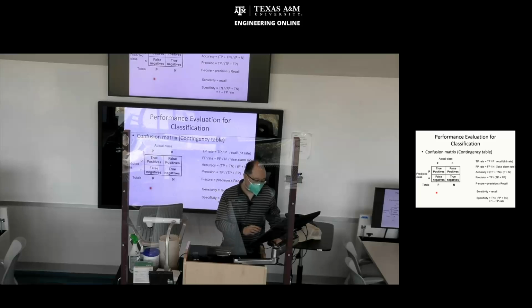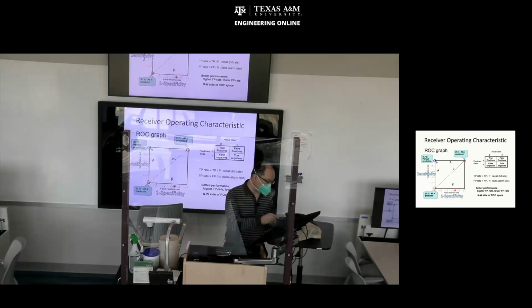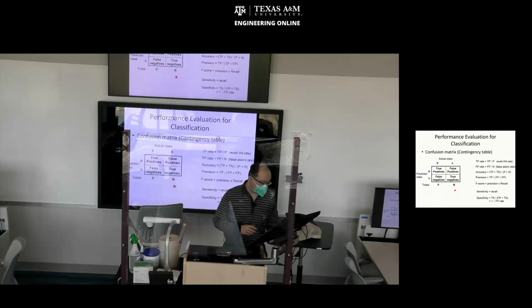Let's look at false positive rate. It is the number of false positives divided by negatives. So that means false positives equal to 0, which means true negatives equal to negatives. In the meantime, the true positive rate is 0.